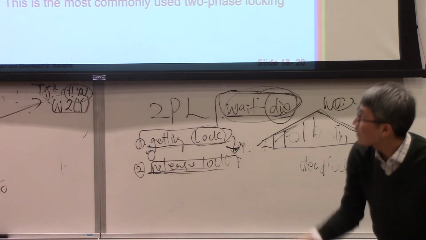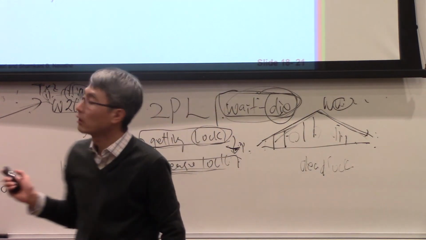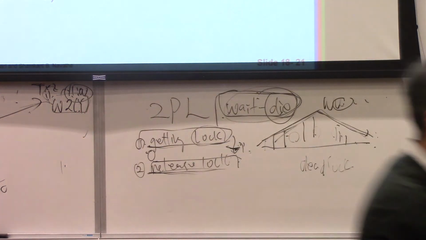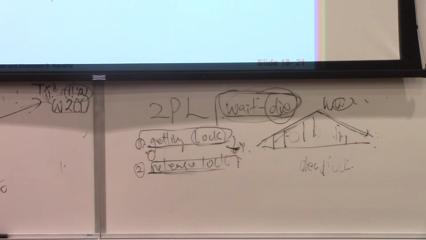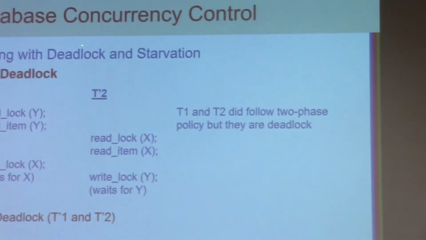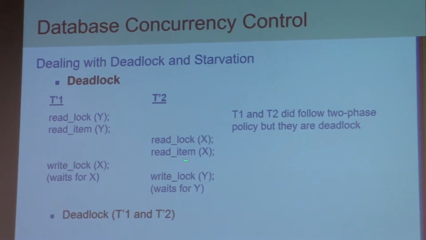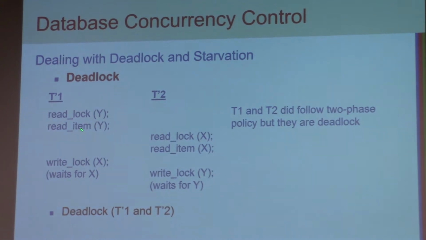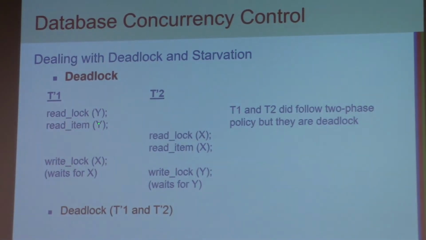So that is the strict version of the two-phase locking. This one explains the deadlock situation of each other. For example, read lock and read item X, read lock Y, and write lock on X, which is held by T2, and write lock Y, held by T1. They are waiting on each other.